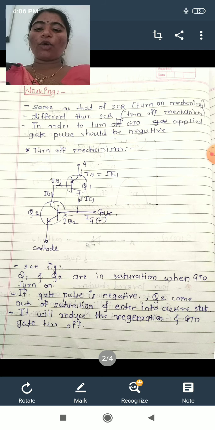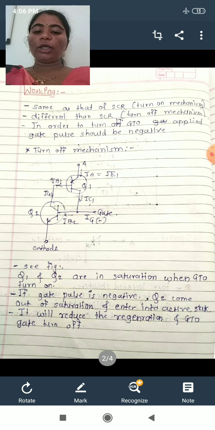Now how will it work? When your SCR is turned on, it means transistor Q1 and transistor Q2 are both in the saturation region. In saturation both are forward biased and current flows through both transistors.